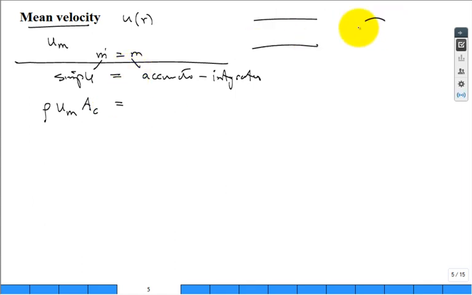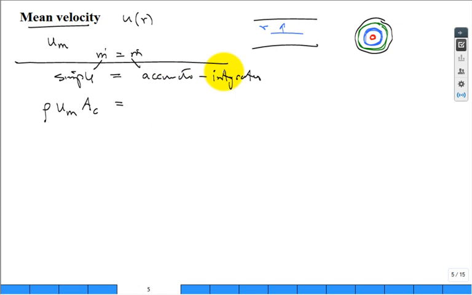If I turn it and look like this, and my velocity is only a function of r going from 0 to cap R, at any little ring like this that has the same speed. A smaller ring, tighter into the middle, has a higher speed, and the ring that's further out has a slower speed.